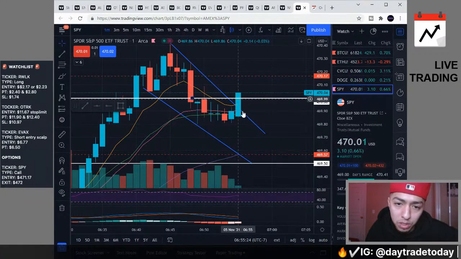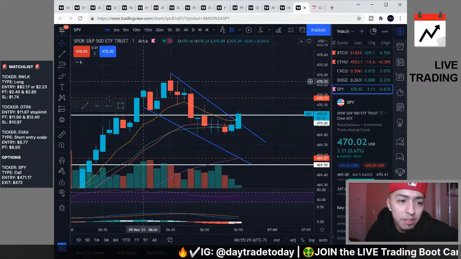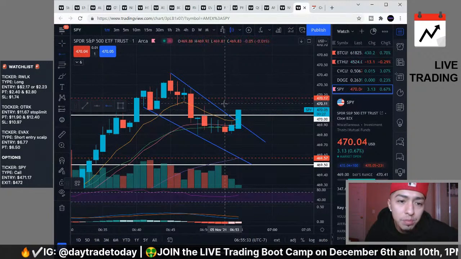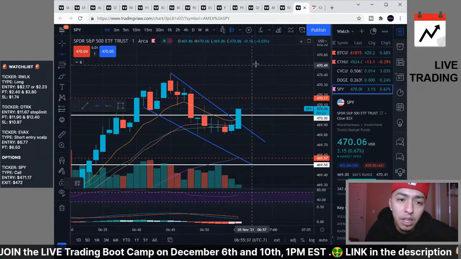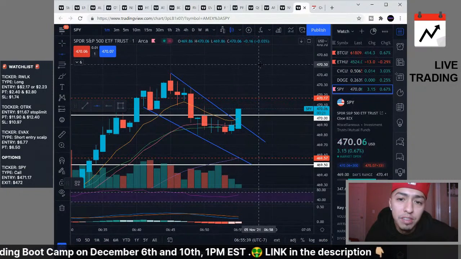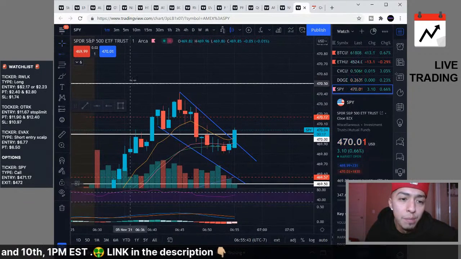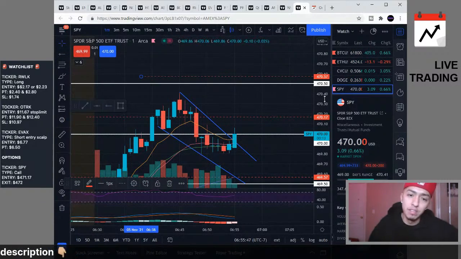We're breaking through 470, which is a very good sign. You can definitely take an entry. I would say let's wait until we break above 470.50, and then take an early entry at 470.57.